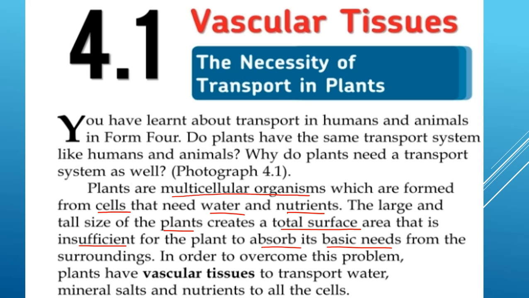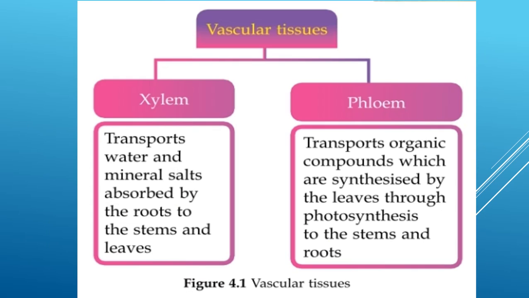So in order to overcome this problem, plants have vascular tissue. Vascular tissue transports water, mineral salt, and also nutrients to all the cells. Vascular tissue for plants consists of xylem and phloem.